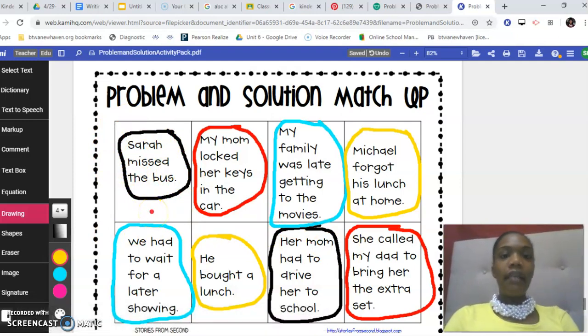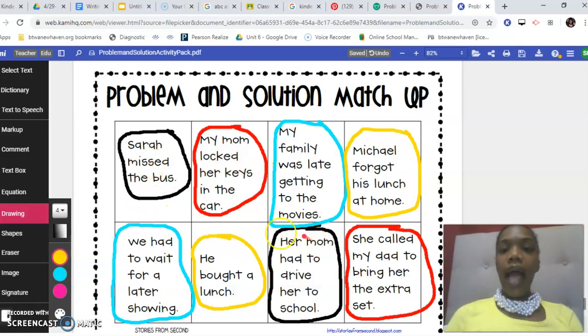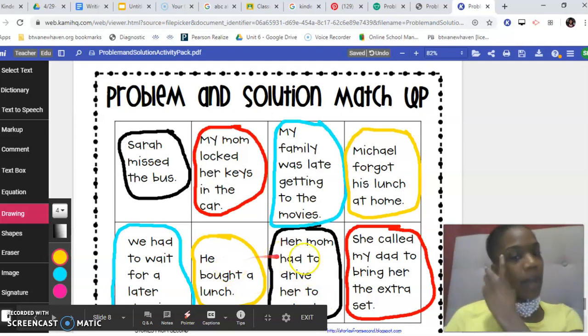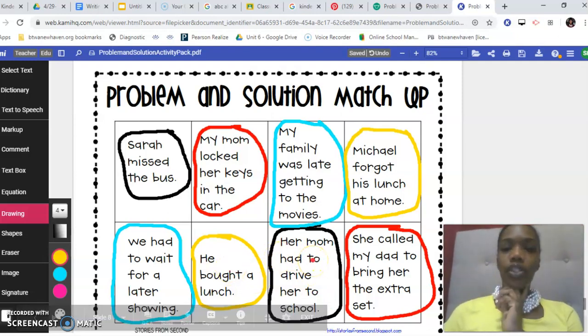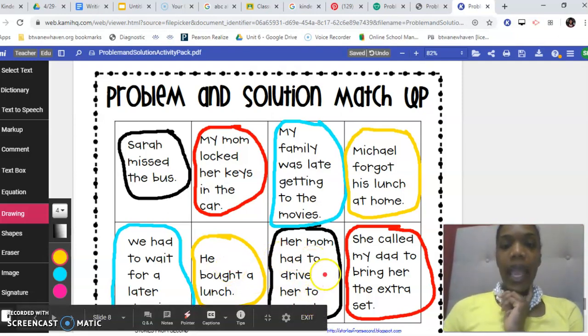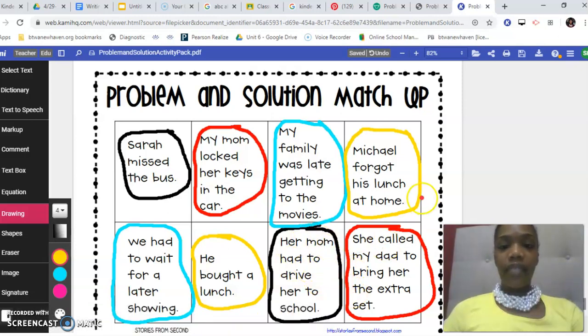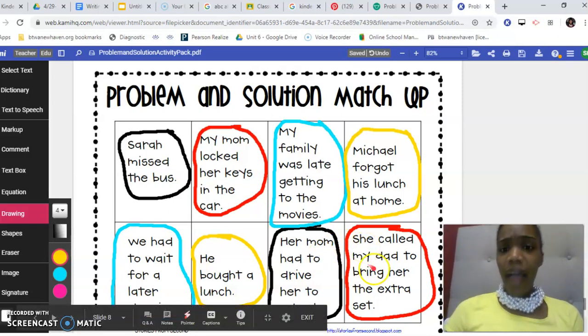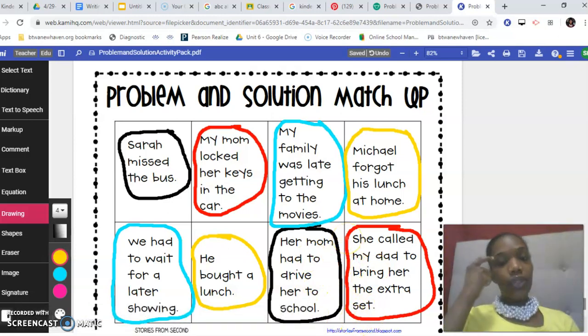It says Sarah missed the bus. Okay. And then I went through all of these possible solutions and I said, what solution works best for this problem? And I've noticed that this one is the one that works best for this problem because it says Sarah missed the bus, which is the problem, and her mom had to drive her to school is the solution.